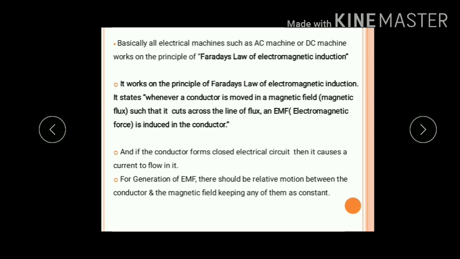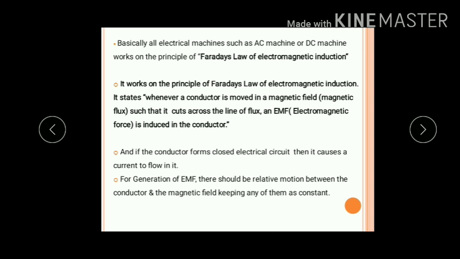If you look at the phenomenon of EMI, here there is a coil to which we are connecting a galvanometer, and we are taking one permanent magnet. Now both are stationary. Now I'll take the permanent magnet and move it towards the coil.